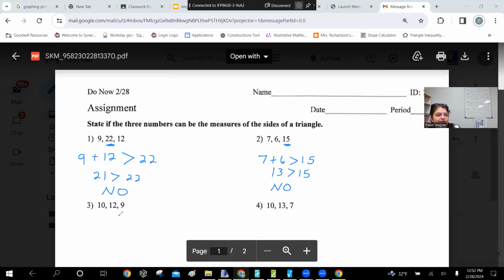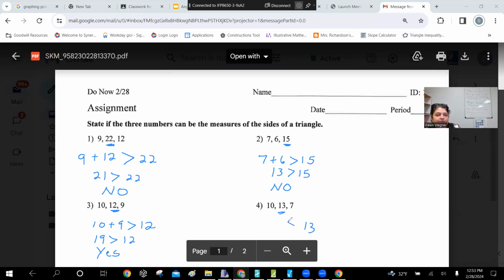Okay, over here, which is your largest side? 12. So I'm going to add the 10 and the 9 together and make sure it's bigger than the largest side. Is 19 bigger than 12? Yes, so this one will make a triangle. So over here for number 4, 13 is the largest.